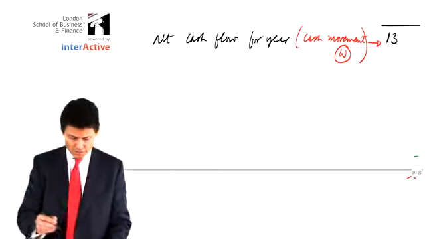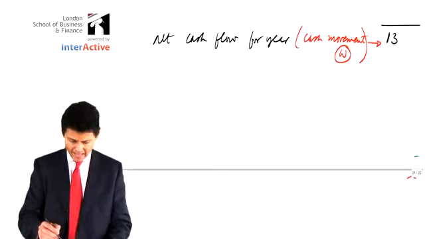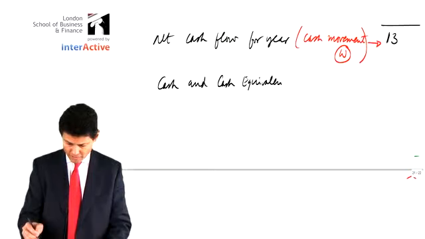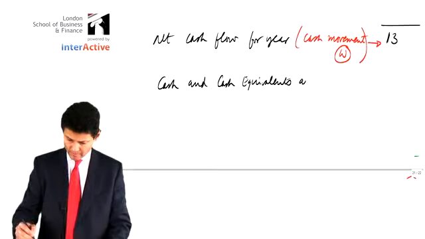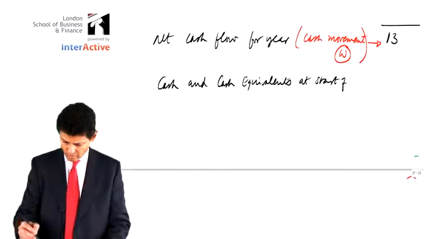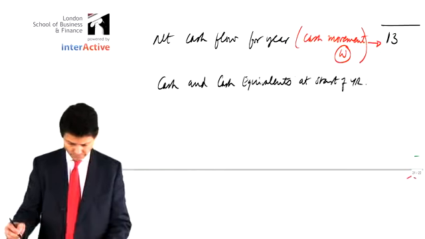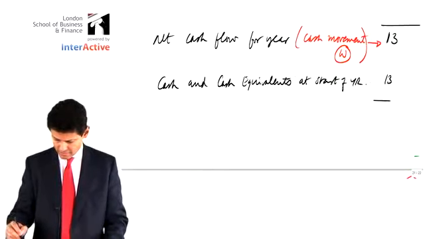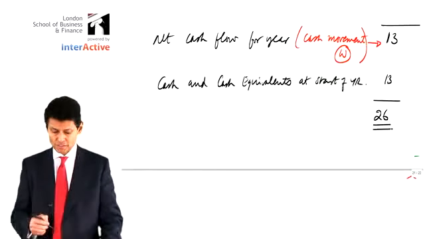What you're also expected to do is to add to that the cash and cash equivalents at start of the year. Apparently that's 13, and so the closing is 26, all worked out by us a couple of minutes ago.